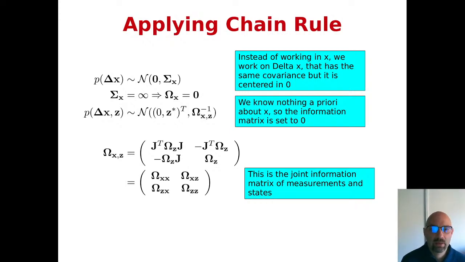So if I don't have a prior, how do I express that I know absolutely nothing about my state without considering the measurements? Well, I could express it by saying that I have an infinite covariance matrix, or alternatively and much more elegantly, I could say that I have a zero information matrix, because one is the inverse of the other.